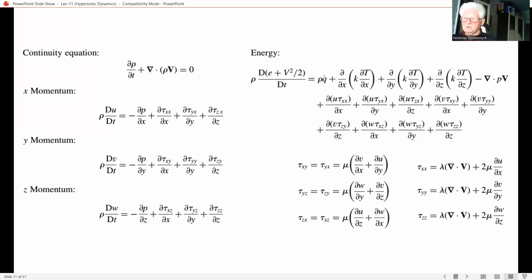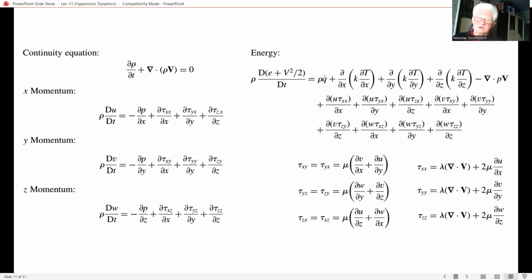In the energy equation on the top of this slide, e is the internal energy per unit mass. Q dot here represents the volumetric heating that might occur, say by the absorption or emission of radiation by the gas.